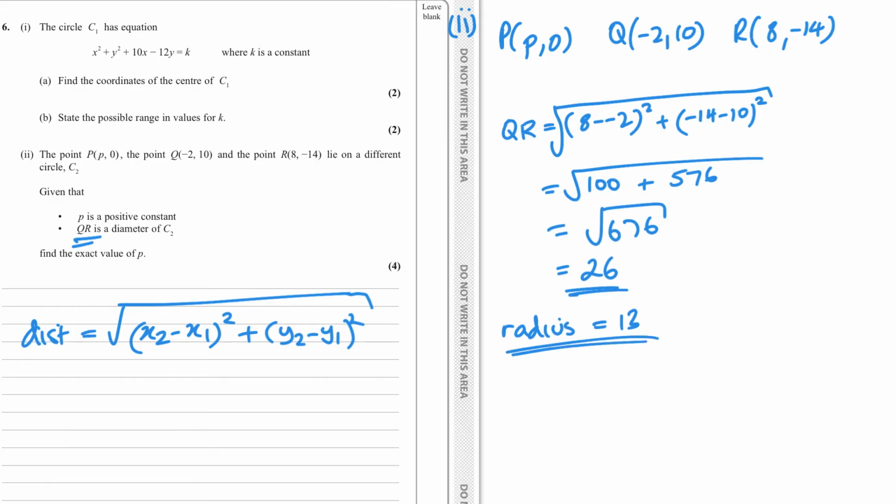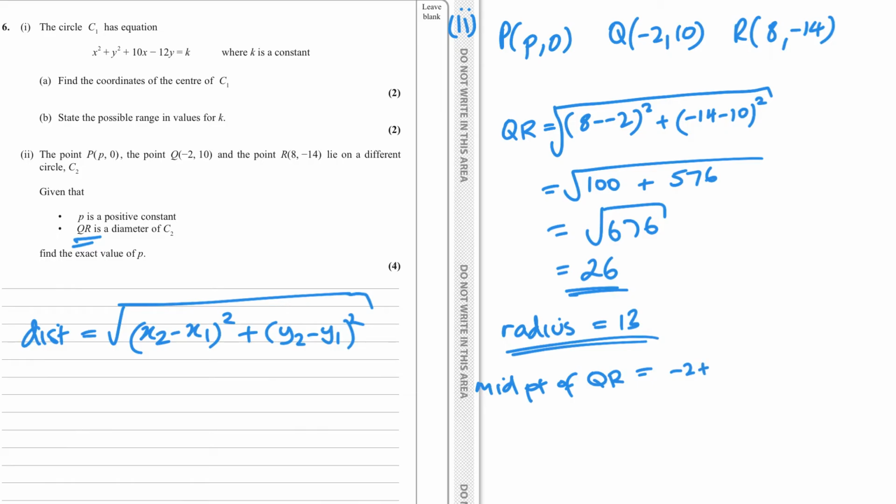That's a great start. Now, to find the centre of the circle, I want to know the coordinates at the centre of QR. So I'm finding the midpoint of QR. And to do that, I need to add the x's and divide by 2.